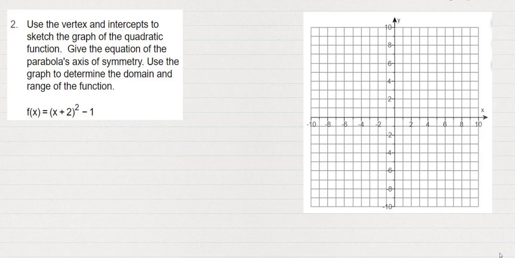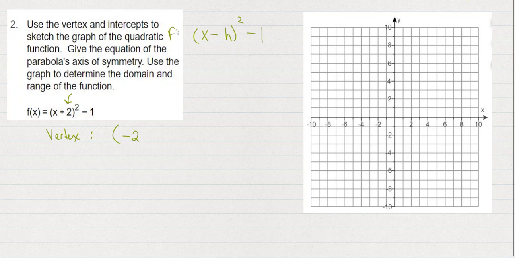In number 2, we're going to pull out the vertex. So use the vertex and intercepts to sketch a graph. Give the equation of the parabola's axis of symmetry. To start with, I want to pull out the vertex. Because this is in vertex form, it's an easy x equals the opposite of 2, because remember in vertex form, it's x minus h squared minus 1.